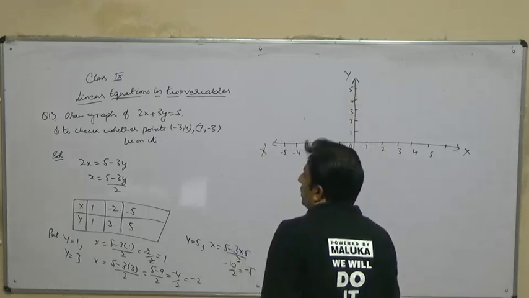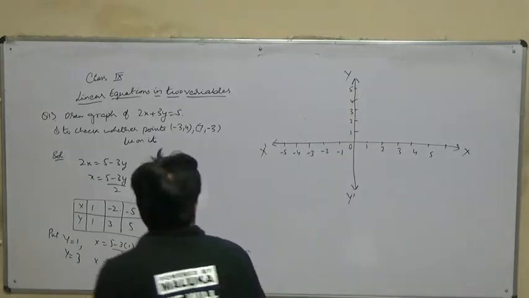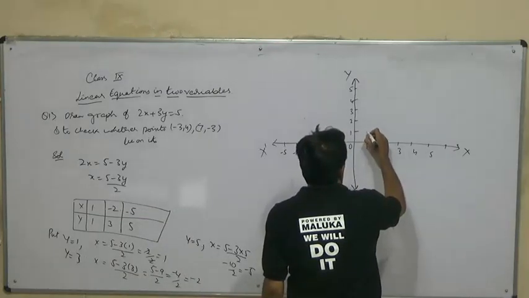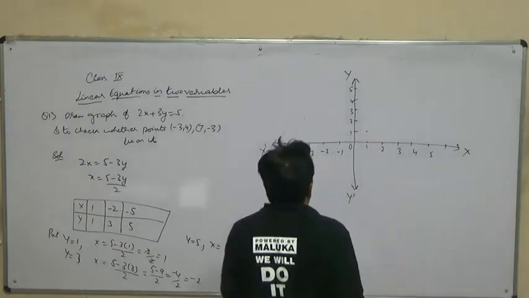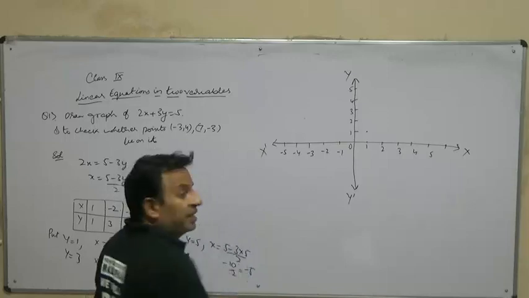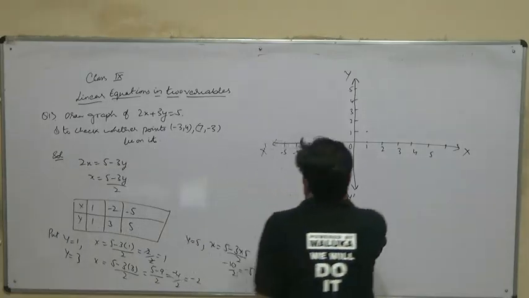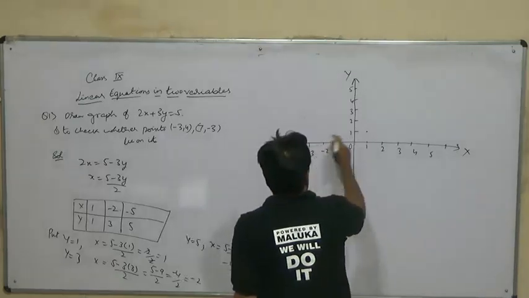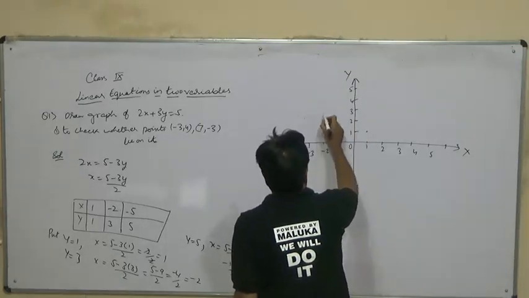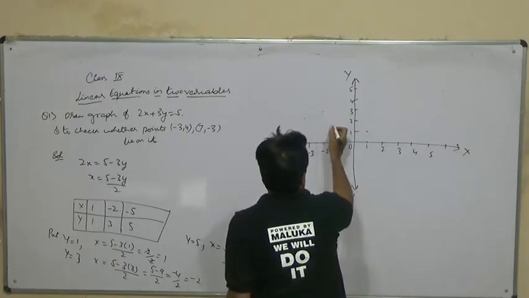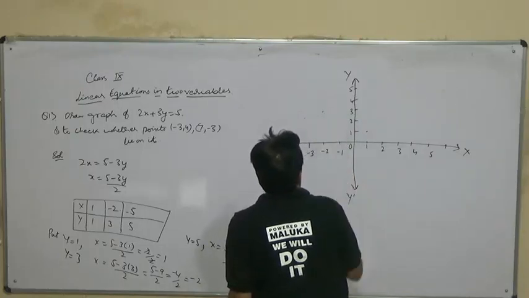So what is the first point which you have to plot? This is 1, 1. So 1, 1 will be this point, 1 on x-axis and 1 on y-axis. Then second is minus 2, 3. x is minus 2 and y is 3. So this will be your point minus 2, 3.